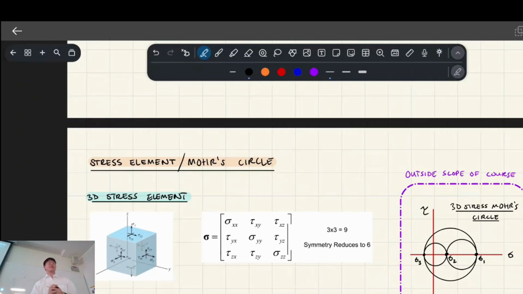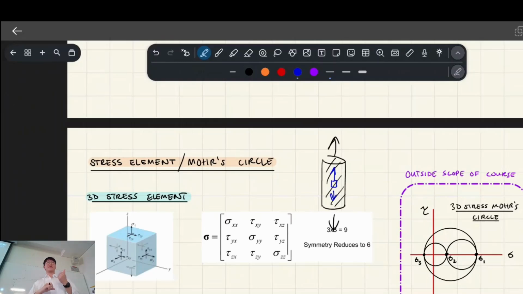Basically, pretend you have the tension rod that we were talking about before. If you imagine this is made out of steel, and you imagine that you're a tiny bit of steel in this rod, you're experiencing something called uniaxial stress, which means only in one direction.